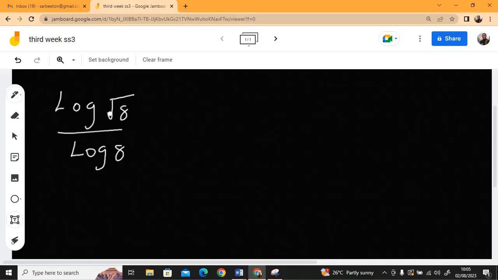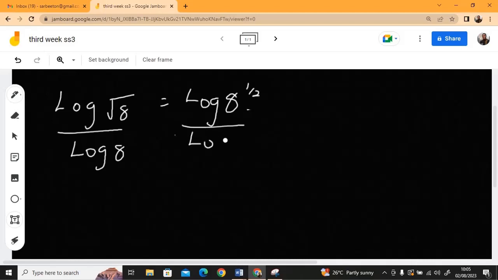I told you that you can write root 8 as 8 to the power 1 over 2. Sorry, this one is not a base, it is a whole number. So here you have log 8 to the power 1 over 2, over log 8.